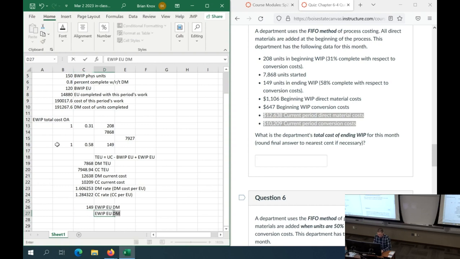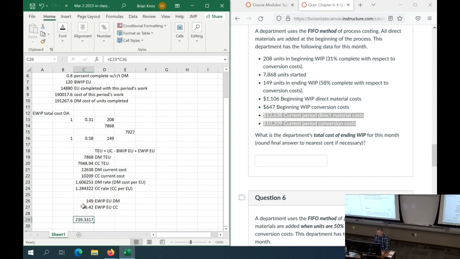The ending WIP equivalent units with respect to conversion costs is 149 times 0.58. We multiply our respective rates by those amounts to get the dollar amounts in ending work in process. Taking the DM rate times the ending WIP equivalent units for direct materials, there are $239.33 of direct materials cost in ending work in process.